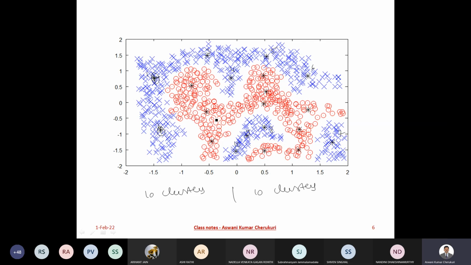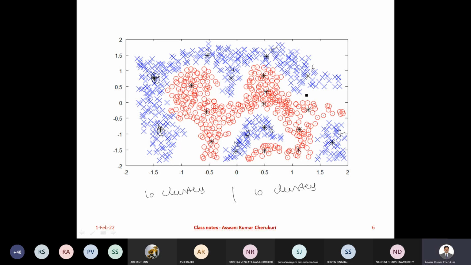So there are two categories, and there are n number of samples of training data. What he did was he chose these 10 prototypes for the blue samples and these 10 prototypes for the red samples.